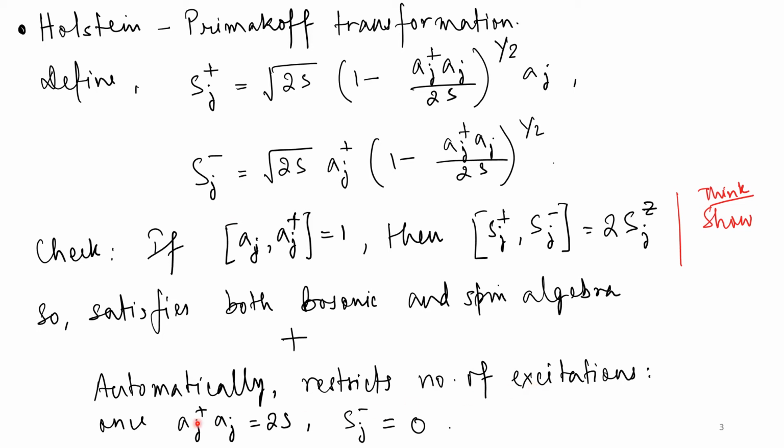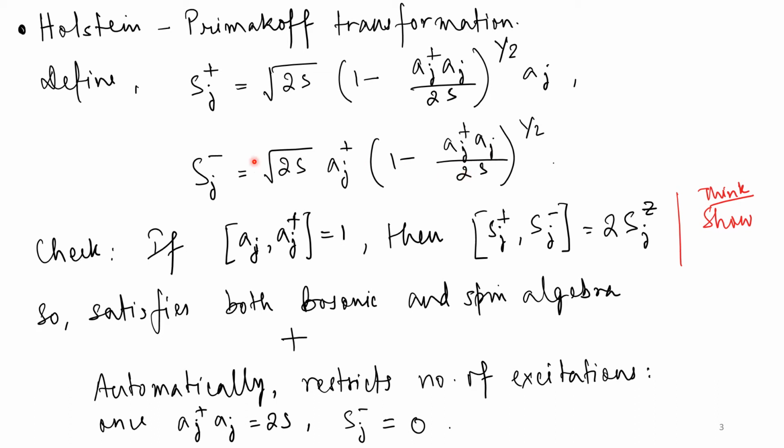Why? You can easily see that each time, so let's take this one for example, each time I'm lowering, I'm creating one bosonic operator. Now this expression, the prefactor attached to this, is going to give you the number of bosonic excitations created. One time you create, and then the next time when you are creating again, this will be 1, 2 and so on.